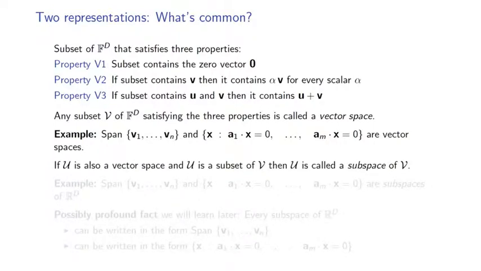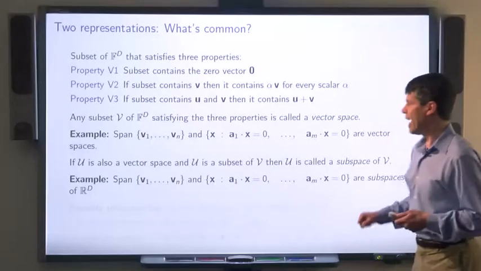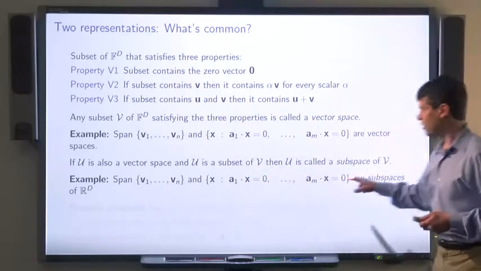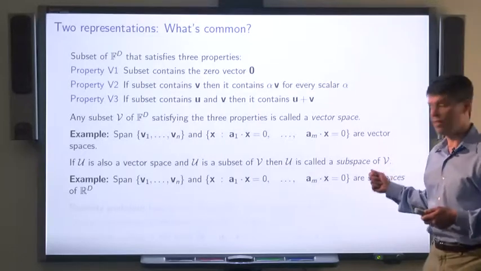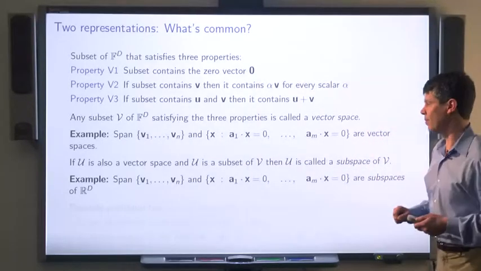Now, if we have two sets, big U and big V, and they're both vector spaces, but U is a subset of V, we call U a subspace. So, for example, the span of v1 through vn and the solution set of these linear equations with right-hand side equal to 0 are subspaces of R^d.